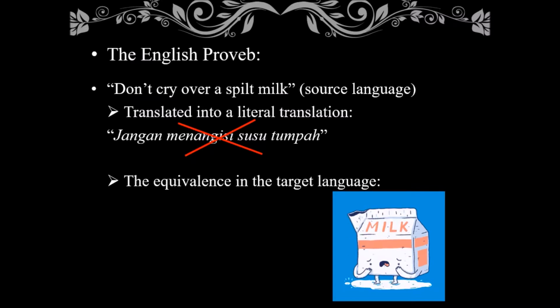Therefore, it needs idiomatic translation to make it sound more natural. And if the target language is Indonesian, the equivalence of this proverb would be "nasi sudah menjadi bubur," because this Indonesian proverb has the same sense as the source language.